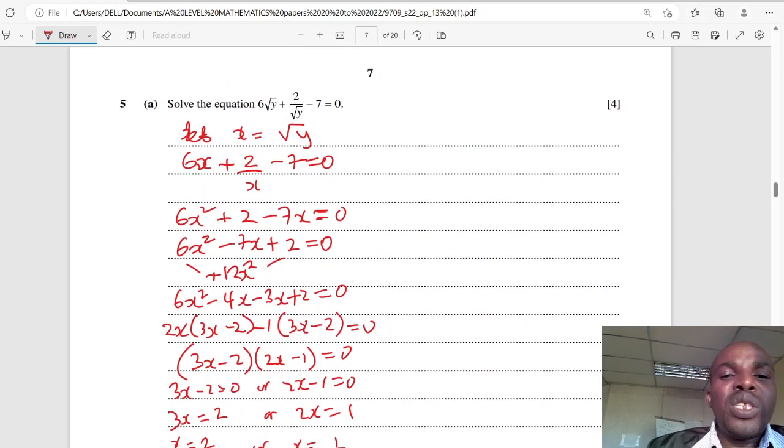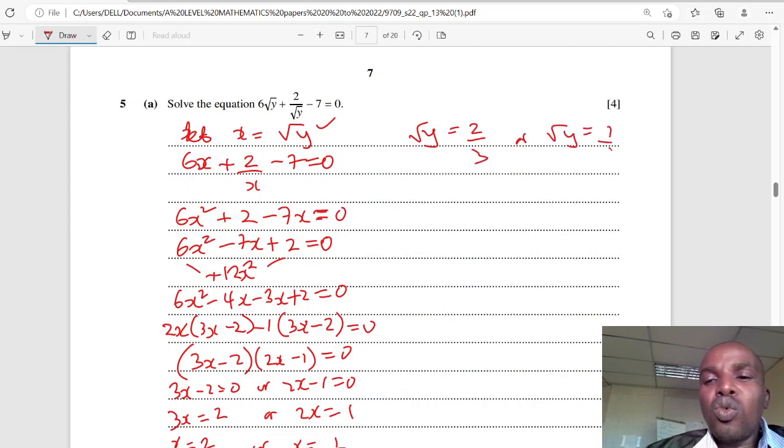So using these two values, we say let x is equal to root of y. So it will be root of y is equal to 2 over 3 or root of y is equal to half. So for root of y, you square both sides to remove the root, right? So you square both sides here, and on this side as well.